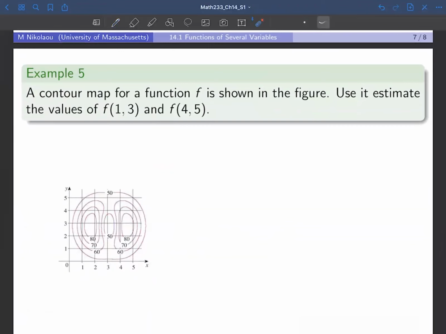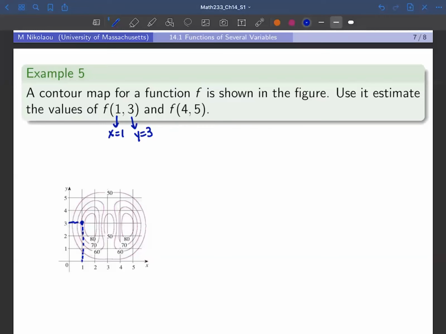So what we need to do is find the point with x equals 1 and y equals 3. So if we go to the contour map, let's denote that with blue. So x is equal to 1 and y equals 3.